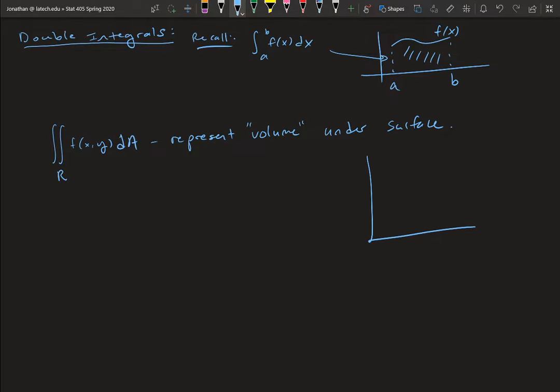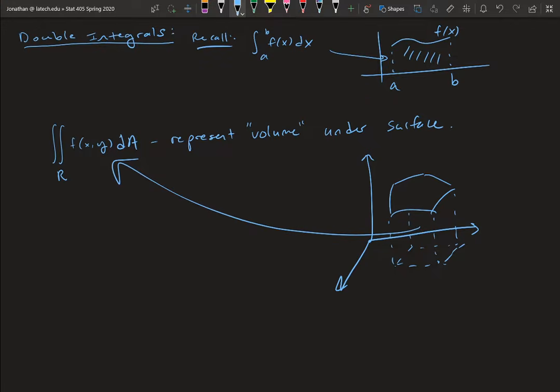So if you have some three-dimensional space here, you have some surface. Just draw it something like this. So then the volume down here is represented by this double integral.